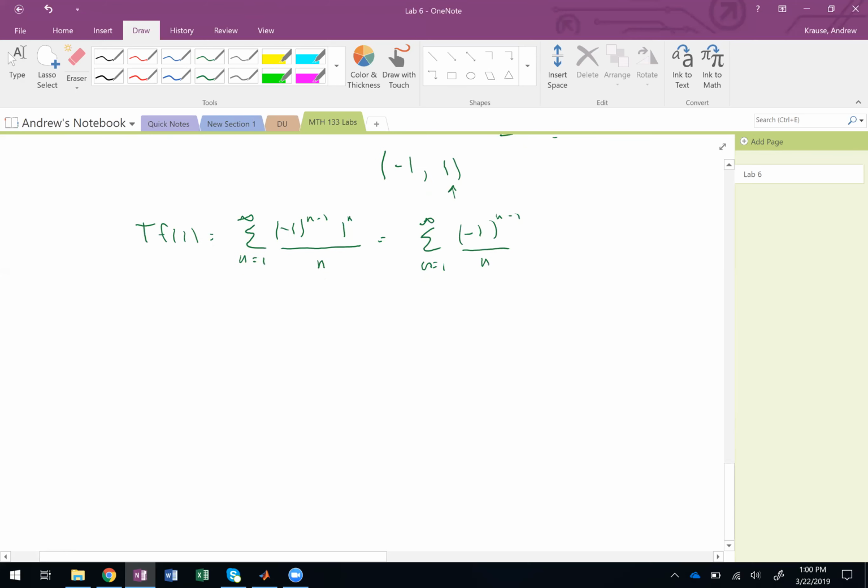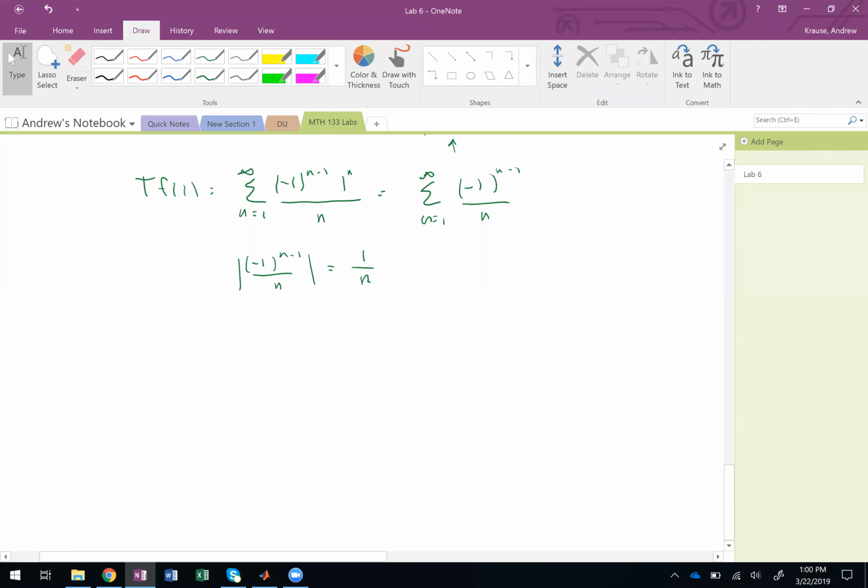We can do the alternating series test on it. If we take the absolute value of this term, we get 1 over n, and these 1/n terms get smaller as you make n bigger. So by the alternating series test, this alternating series does converge.